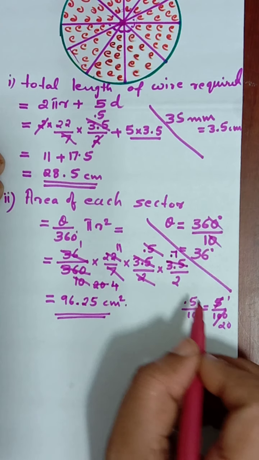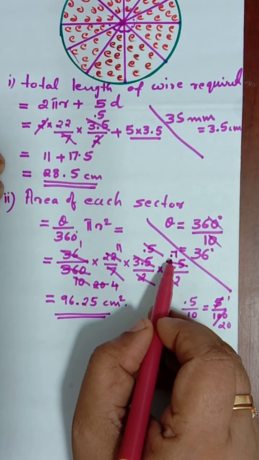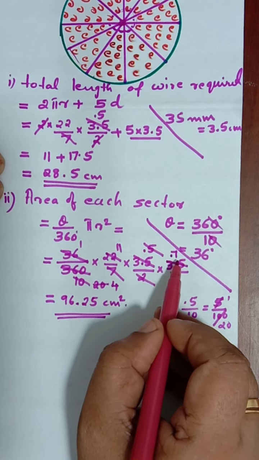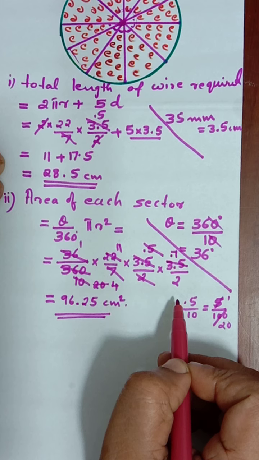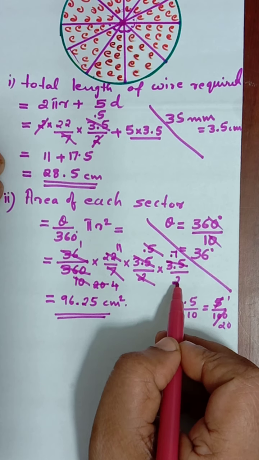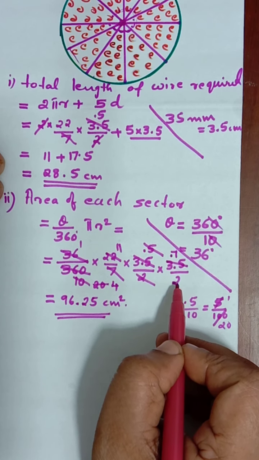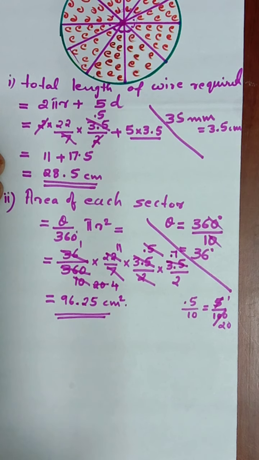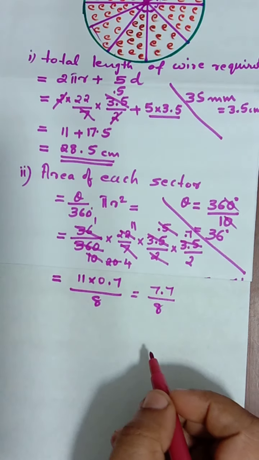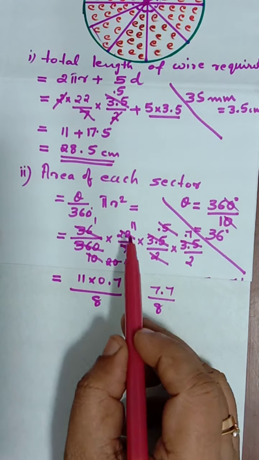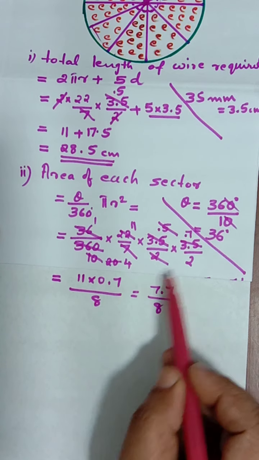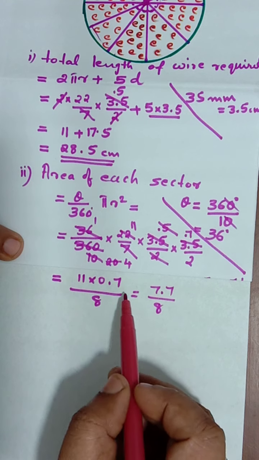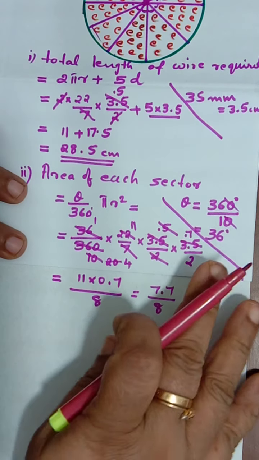So this will be 11 into 0.7, that is 7.7 divided by 4 2s are 8. You can cancel and get the answer. I'll discuss the calculation. Here we have 11 into 0.7 divided by 4 2s are 8. That is 11 into 0.7 is 7.7 by 8.